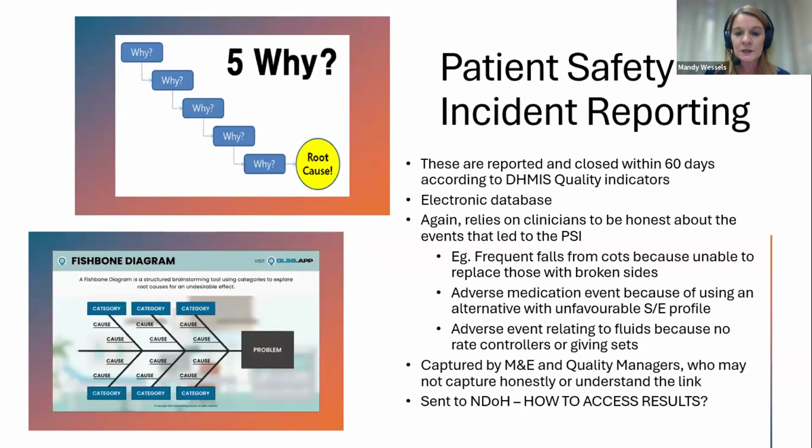So for example, a frequent fall from a cot because you're unable to replace those with broken sides, there's no money to replace, or there was an adverse medication event because you're using an alternative that doesn't have a favorable side effect profile, or you've got an adverse event relating to fluid overload because you didn't have a rate controller or a giving set. But it will be up to the individual clinicians to make those links.